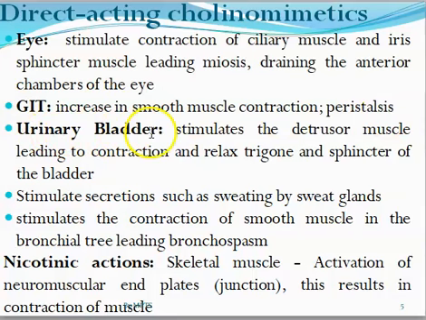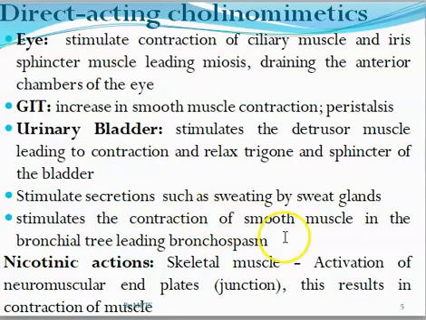In the urinary tract bladder, they stimulate the detrusor muscle, leading to contraction and relax the trigone and sphincter of the bladder. And also they stimulate secretion, such as sweating by sweat glands. They stimulate also contraction of the smooth muscle in the bronchioles, leading to bronchospasm. Are you getting it? Here via the M3 receptors.